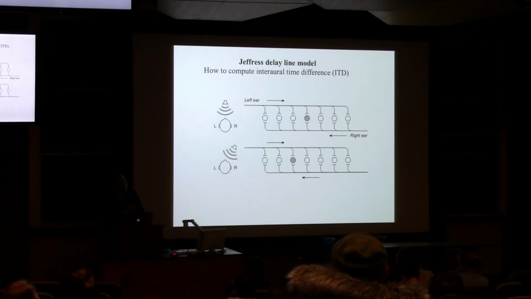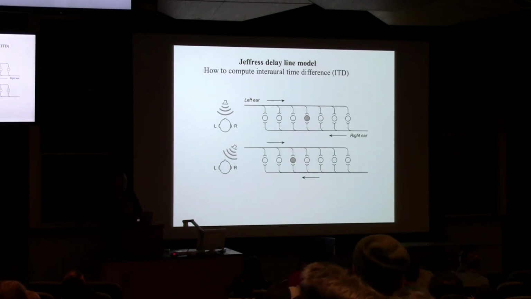The sound signal is about 300 meters per second. Your head is less than 20 centimeters. So the difference in time is less than 1 millisecond. That means it's smaller even than the width of your action potential. So that's pretty remarkable.